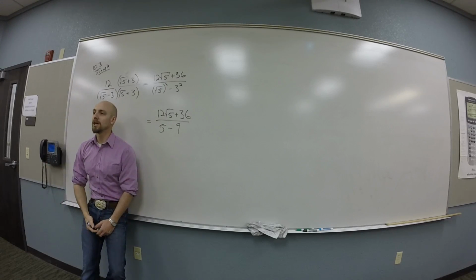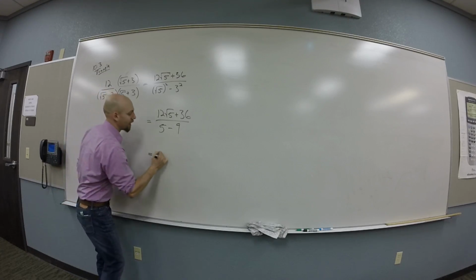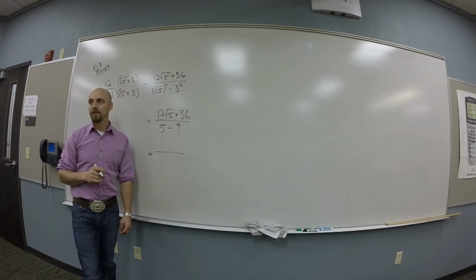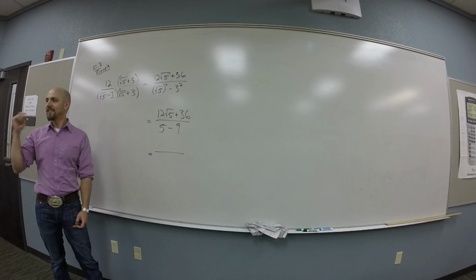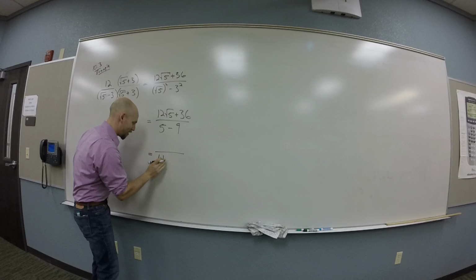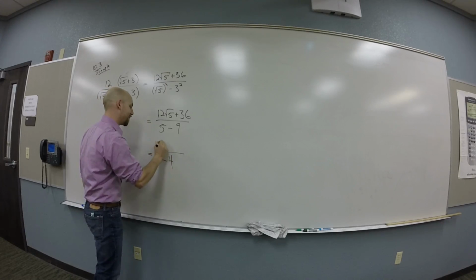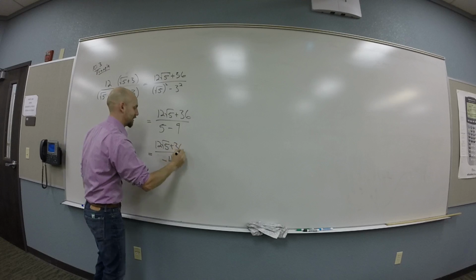Yeah, now I can do the thing I was kind of hoping for, right? I can simplify the bottom a little bit. Because 5 and 9 are like terms, right? So what do you get on the bottom? Negative 4. Okay, and we've got 12 root 5 plus 36.